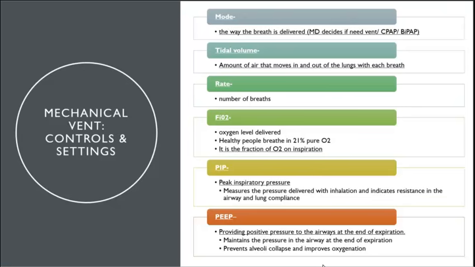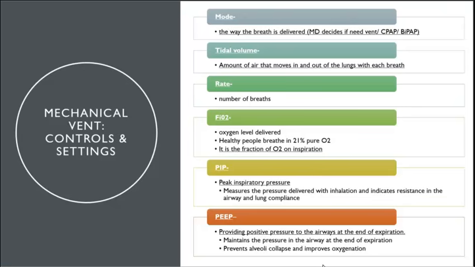Your doctor is going to say they need to be on an AC ventilator. Tidal volume is the amount of air that moves in and out of the lungs with each breath. The rate is the number of breaths the machine is going to take. If it is an SIMV, we know that the patient is making some breaths on their own. It's going to adjust itself.